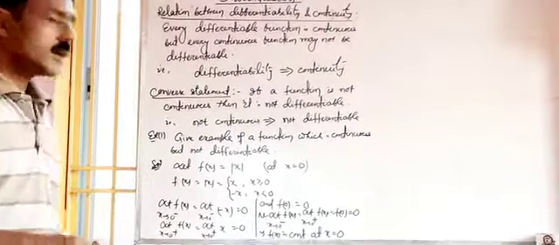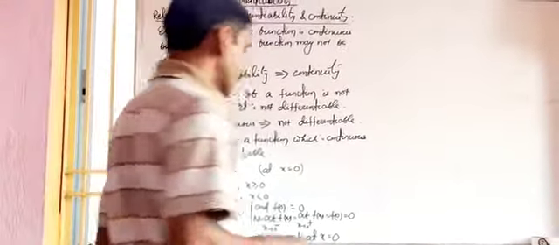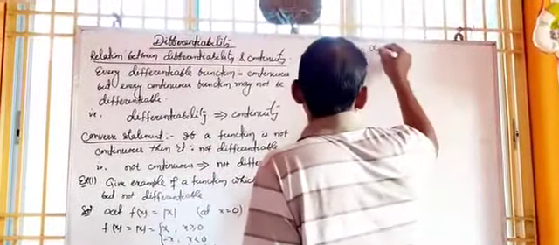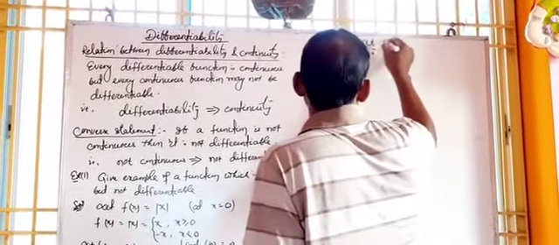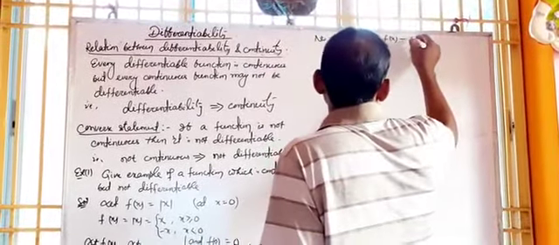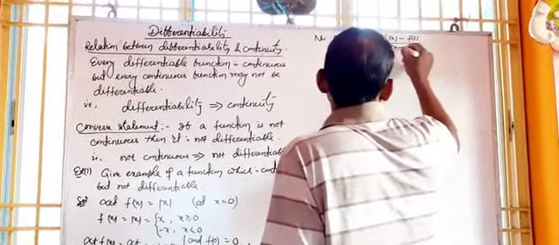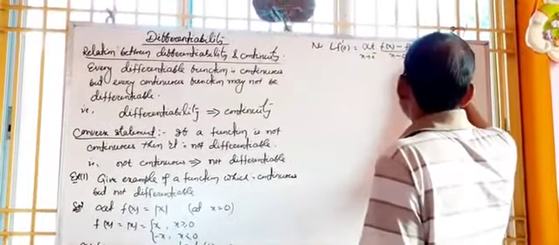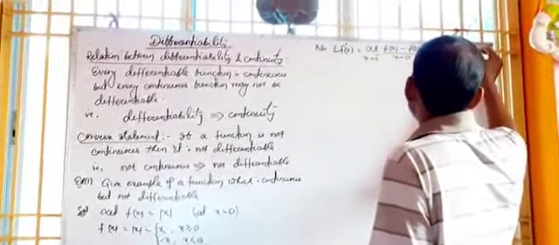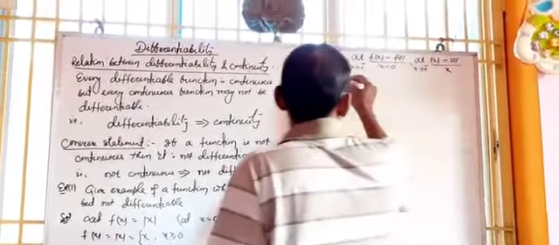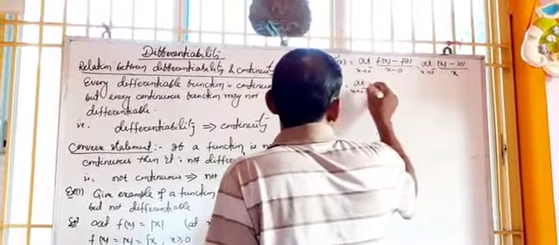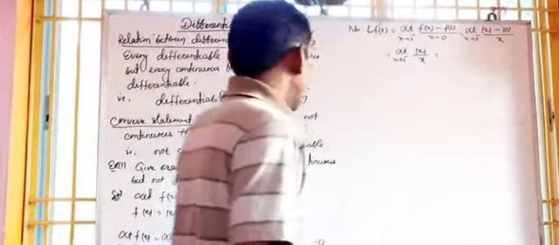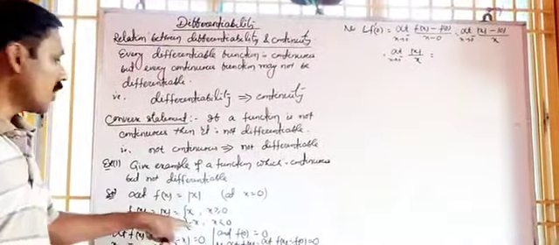But now we will check for differentiability, whether it is differentiable or not. Now go to the definition of left hand derivative. L f dash of 0 means limit x tends to 0 minus of f of x minus f of 0 by x minus 0, derivative definition. So limit x tends to 0 minus, it is mod x minus mod 0 by x, that is mod x by x. Now when x is less than 0, mod x is minus x.